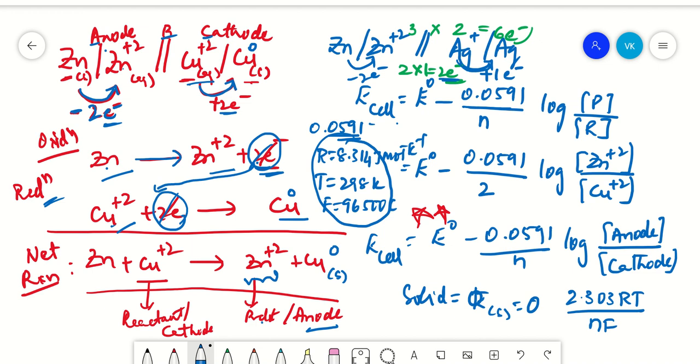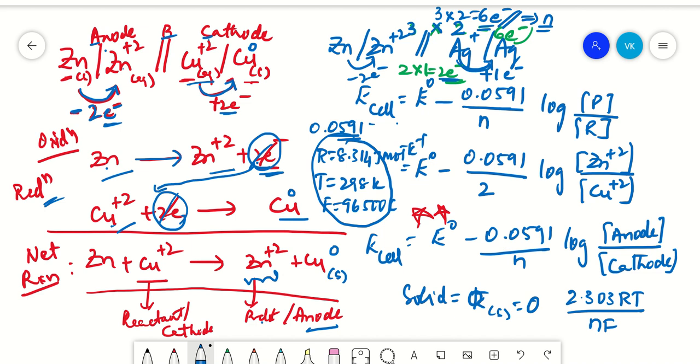Sometimes you will have the number of electrons this side as 2 and this side as 3. Then what you do? You need to balance, but don't waste your time in balancing. You just multiply 3 into 2. You will get 6 electrons. So 6 electrons are the number of electrons that are involved, so your value of n there will be 6.